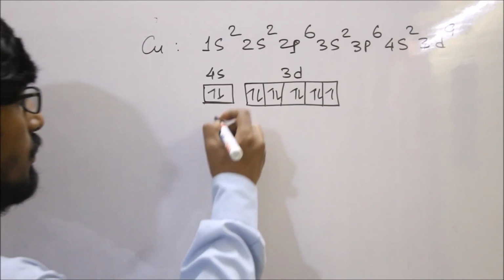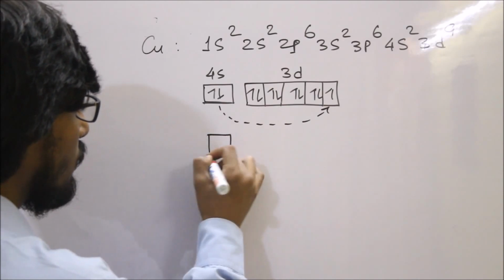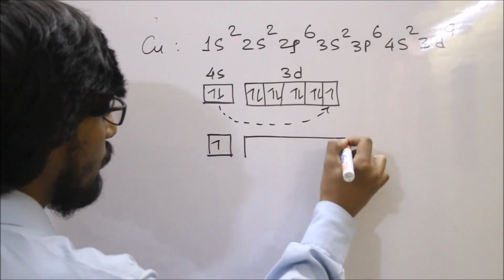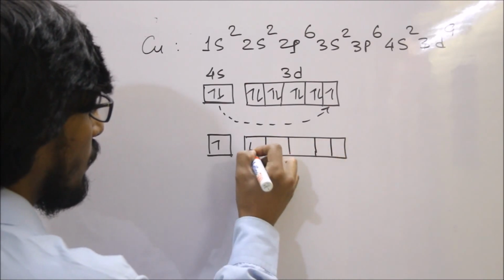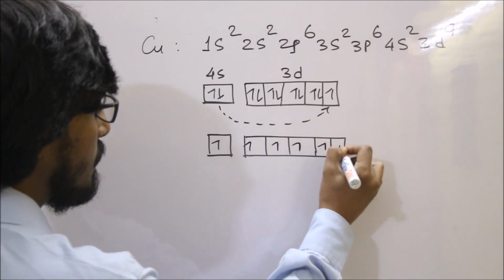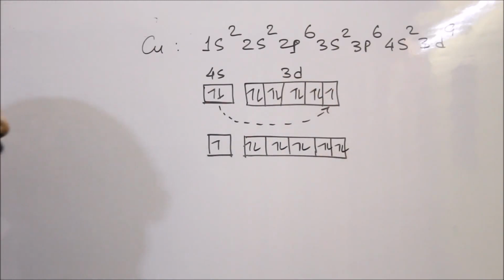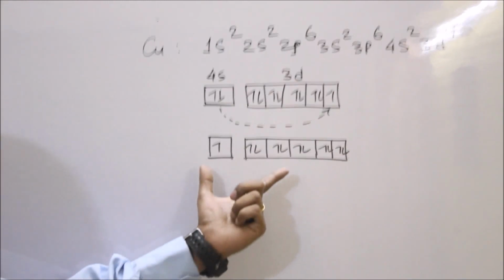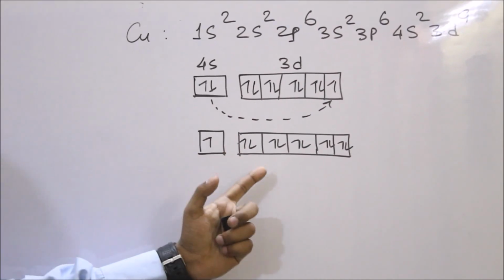Now one electron can jump from 4s to 3d, so the configuration will be like this.